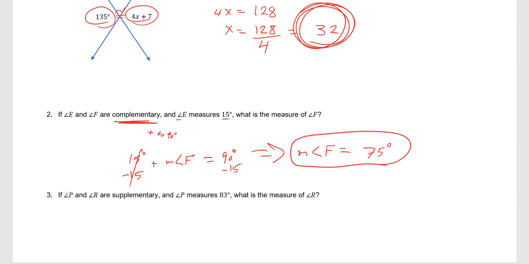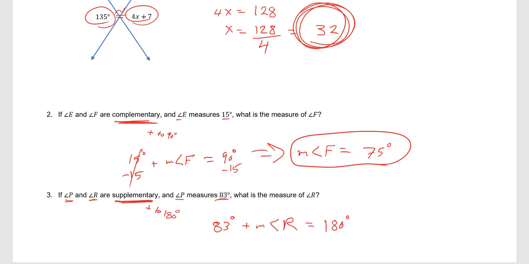If angle P and angle R are supplementary, that means they add up to 180 degrees. And angle P measures 83. What is the measure of angle R? So again, 83 degrees plus the measure of angle R equals 180 degrees.